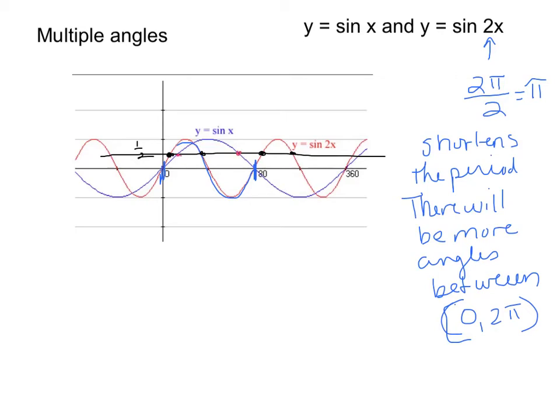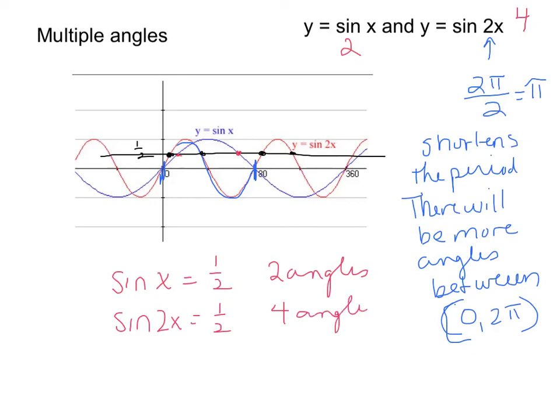So for this graph, there will be 4 angles. For this graph, there will only be 2 angles that satisfy the equation. Sine x is 1/2 will be 2 angles. Sine 2x equals 1/2, there will be 4 angles in that same period.